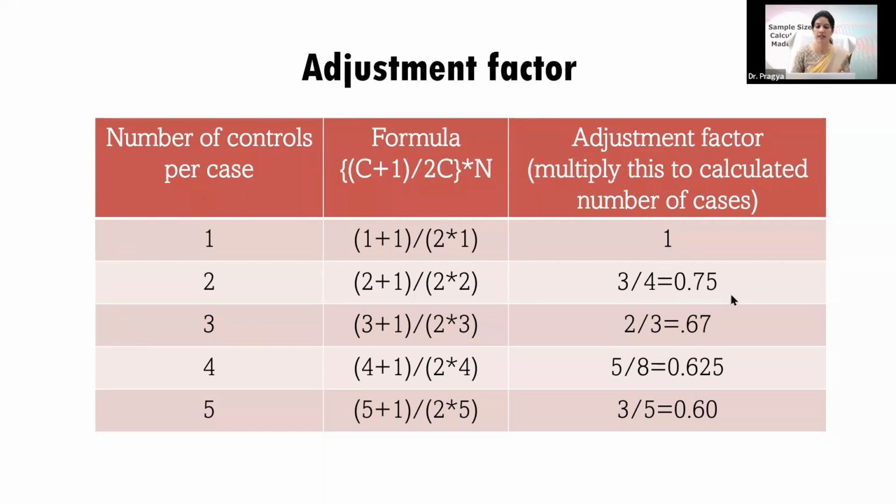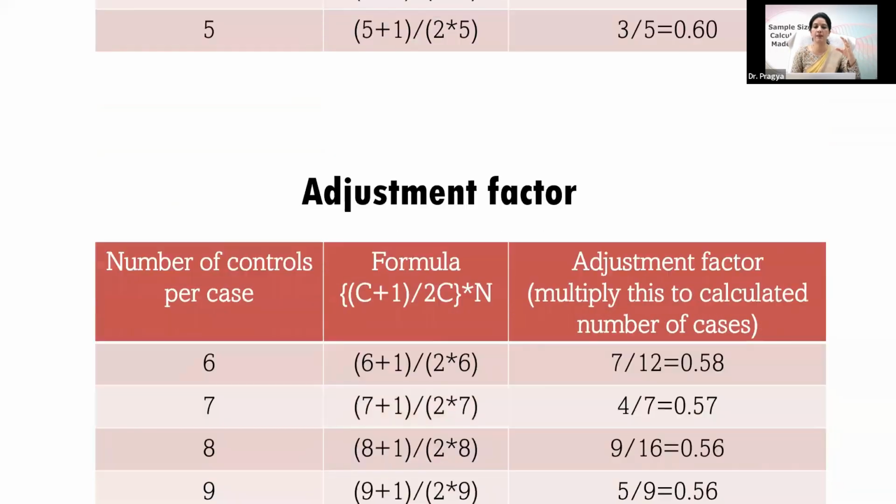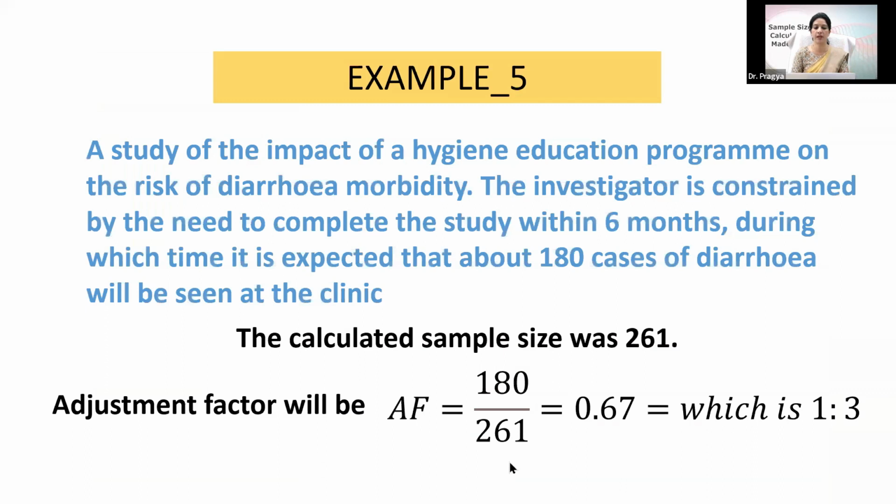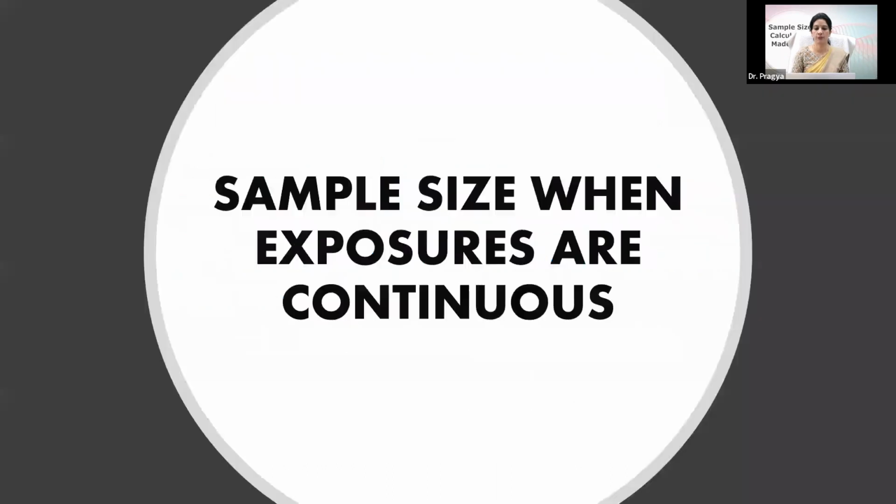So in this case, what is this fraction? It is the available cases divided by the required cases. This is the adjustment factor: available cases divided by cases which you have calculated from the sample size. And that's why we have taken 1:3.